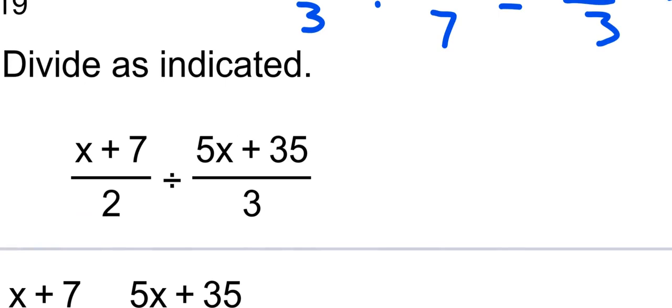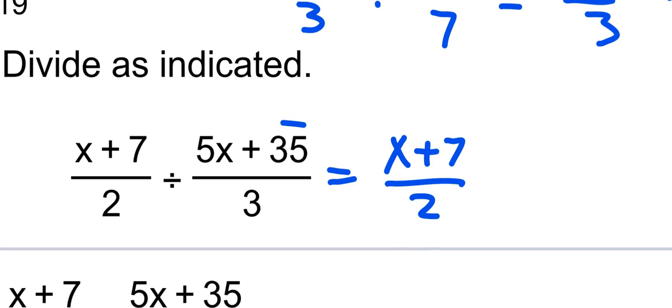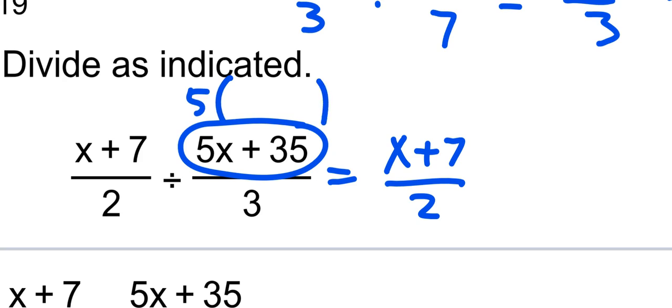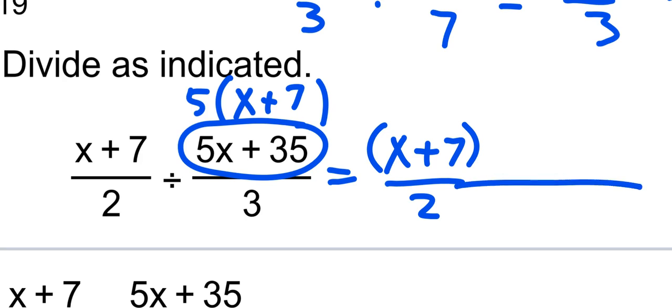Now the first one looks factored already. What can you do to this? You can pull out a 5, which would leave me with 5x plus 7. Now, if we do the idea that you just suggested with the keep, change, flip, we can change this into multiplication, and that second fraction, the 3, comes up on the top, and the 5 and the x plus 7 come down to the bottom.